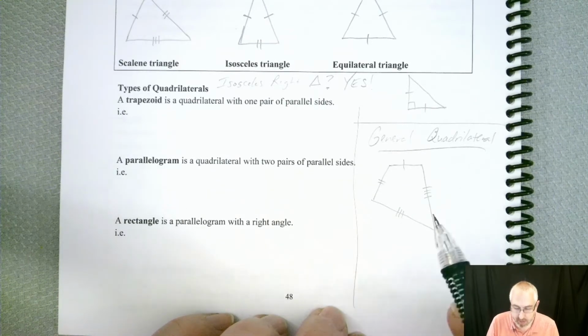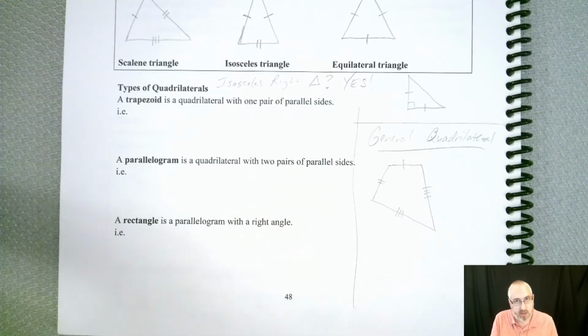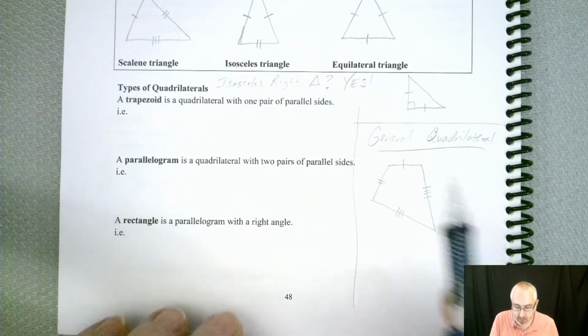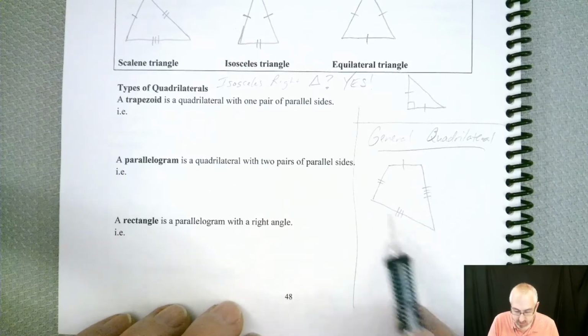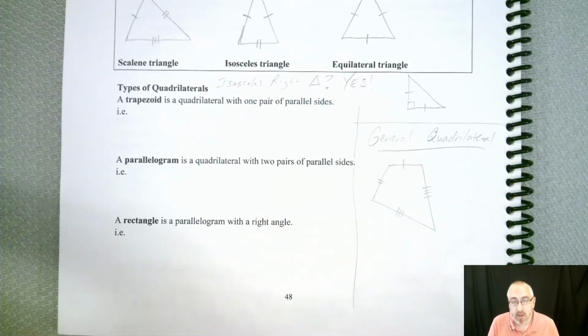In a kite, there are some sides that are the same length. Like these two short sides would be the same length, and these two longer sides would be the same length. That's not the case here. So that's why it's a general quadrilateral. Kite is another type of quadrilateral, but we're not going to get into that.